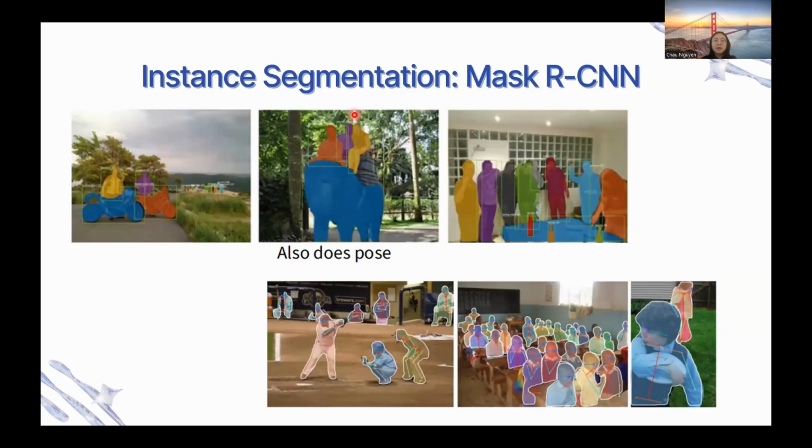With the techniques that we have so far, these models are doing relatively well. It can identify objects separately, and it also does pose detection. You've probably seen a lot of these in hackathon projects, where you have a video or an image, and as you move around, it can identify and draw out the pose for each person.